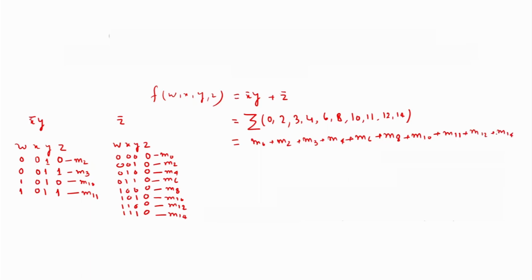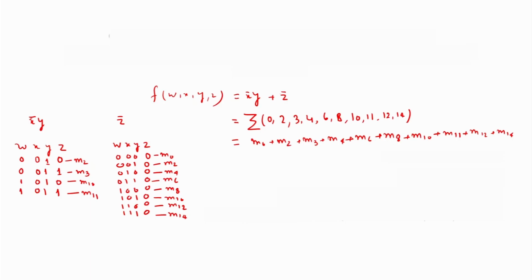This means the function is written in standard SOP form, and after that we find in which min terms the output value is 1, and then select how many variables are in the Boolean function. This is a general representation, not an efficient way of representing a Boolean function using a multiplexer.